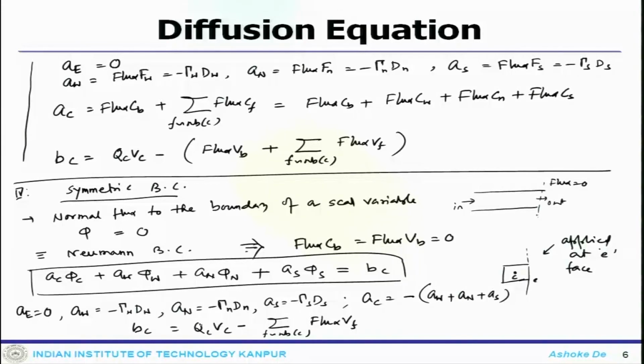In all these cases that we have discussed, we have applied the condition at the east face. If we apply the condition on the other faces, then, as I have been saying, the respective coefficients will go away and the equivalent contribution should appear in the source term. So, that actually talks about the application of these boundary conditions. We will stop here and thank you.